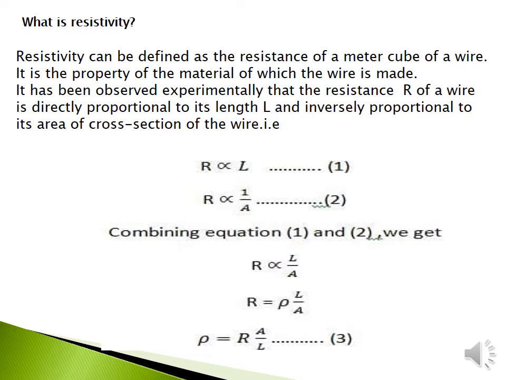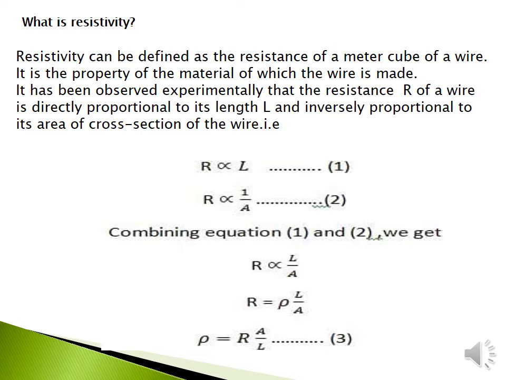R inversely proportional to the area of cross section A, say equation 2. Then combining equation 1 and equation 2, we get R directly proportional to L and inversely proportional to A. So R is equal to a proportionality constant called rho, times L by A. Therefore, rho can be written as rho is equal to R A by L.